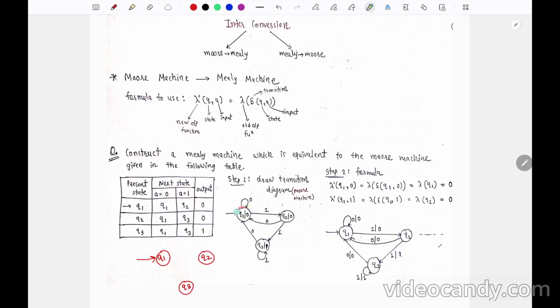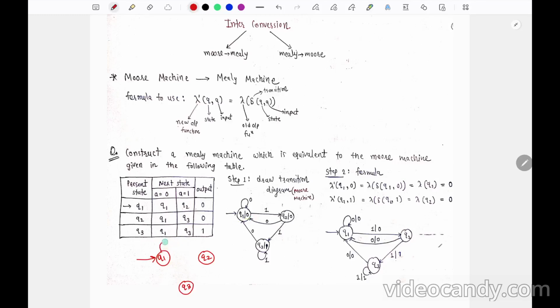If we give Q1 input 0, it goes to Q1 itself with output 0. If we give Q1 input 1, it goes to the Q2 state with output 0. So how can we draw this in the Mealy machine diagram? If we give Q1 input 0, it goes to state Q1 and the output is also 0 because the output of Q1 is 0.